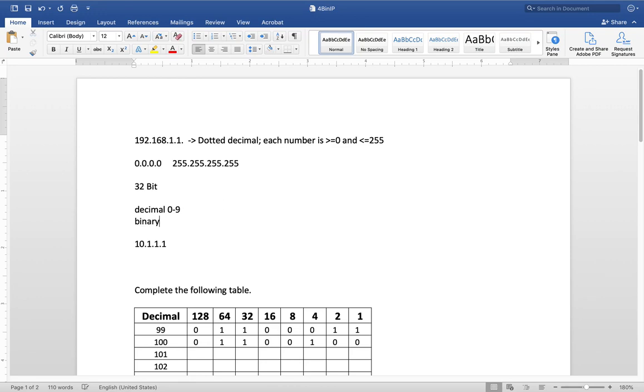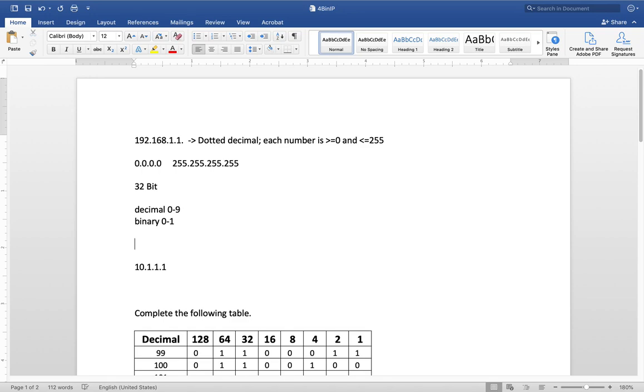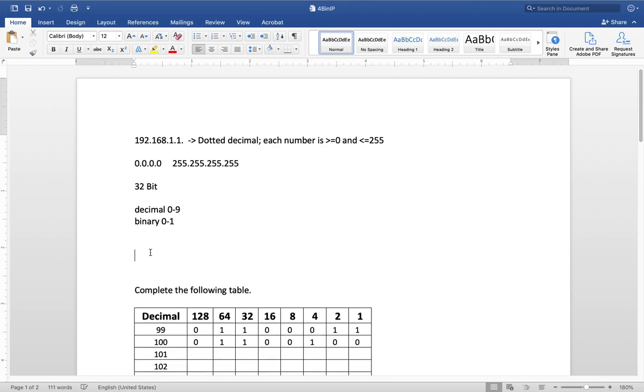In binary, there are only two symbols, 0 and 1. So computers only understand 0 and 1, low voltage and high voltage, because electricity is used to store data as well as send data across the wire. So 0 is low voltage and 1 is high voltage. So 0s and 1s is all computers understand. So we use the binary number system for computers as well as for networking.